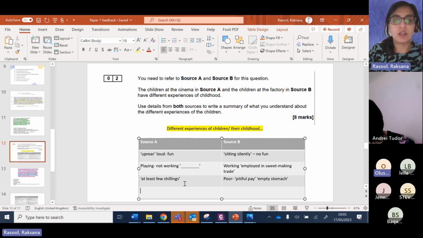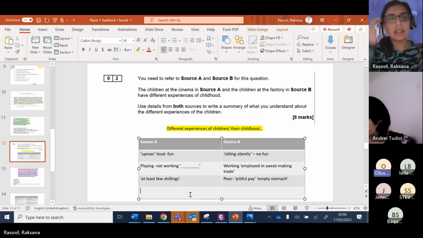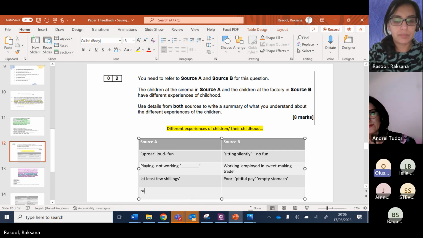Okay, but I think the point is that they have money, whereas they don't have money. If you were saying they were being paid, that's not completely accurate, because it doesn't say anywhere that they are being paid to have fun. What I said was that they paid to have fun, themselves or maybe their parents. But in source B, they work to be paid.